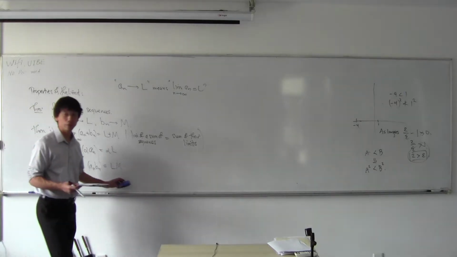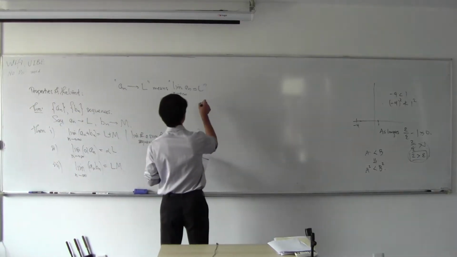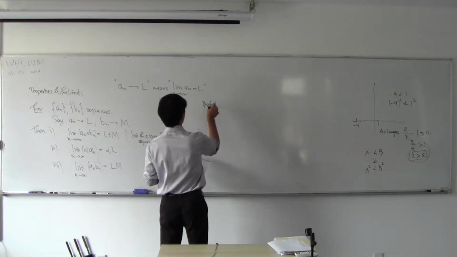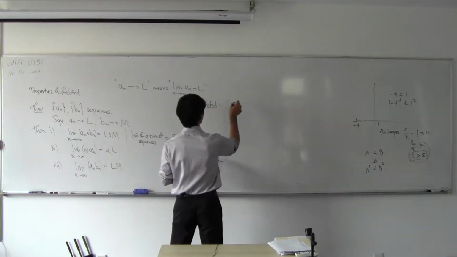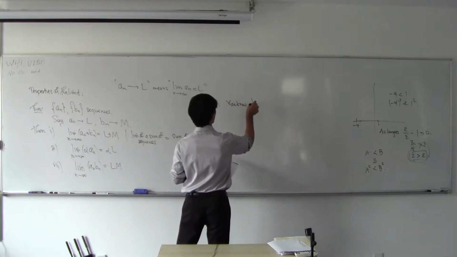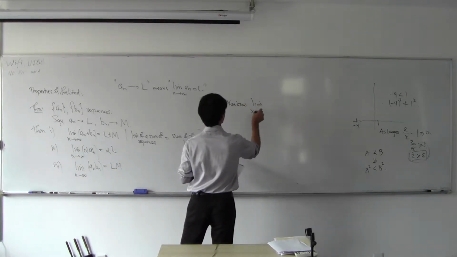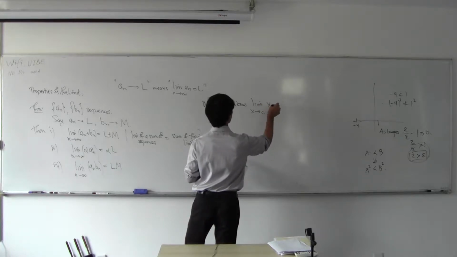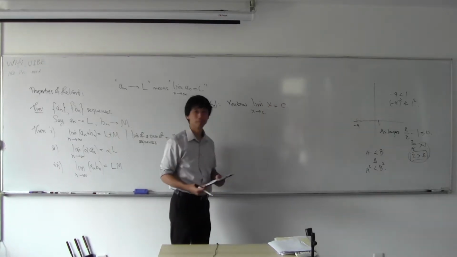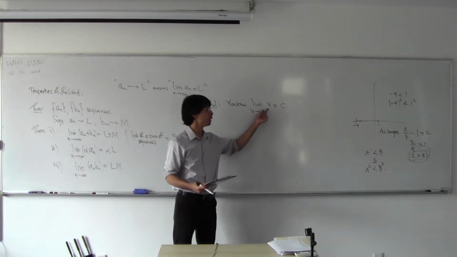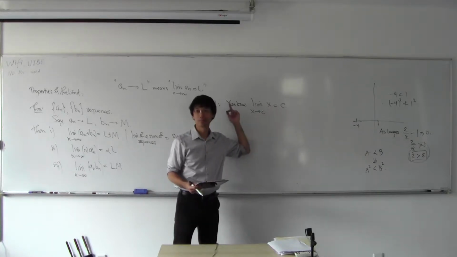This is really useful because, for example, you know that the limit as x approaches c of x is just c, right? As x approaches c, the limit of x is c.